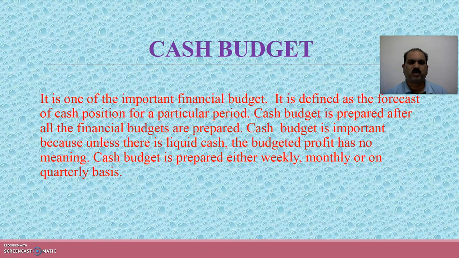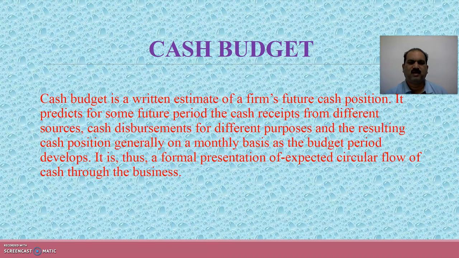Cash budget is important because unless there is liquid cash, the budgeted profit has no meaning. Cash budget is prepared either on weekly, monthly, or on quarterly basis. Cash budget is a written estimate of a firm's future cash position. I repeat, cash budget is a written estimate of a firm's future cash position.